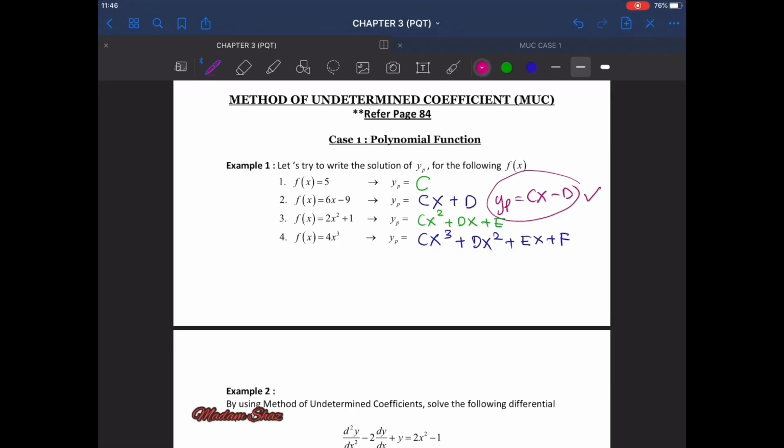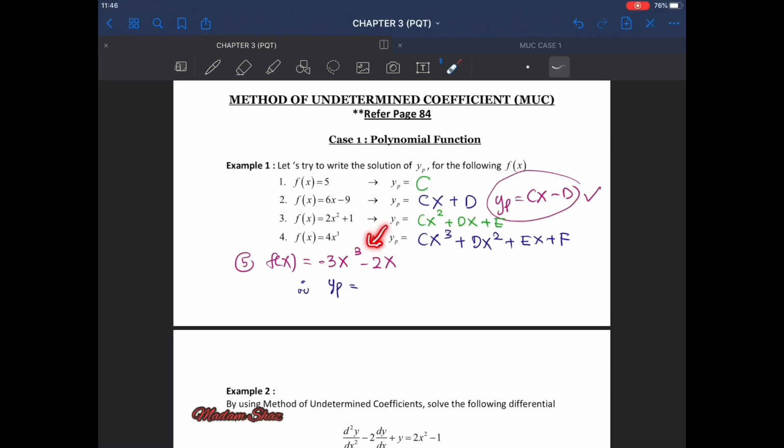Okay, I give another example. Let's say your fx is equal to negative 3x the power of 3 minus 2x. So our yp will become, refer to the highest power of x that we have here. You don't have to write for both x terms.